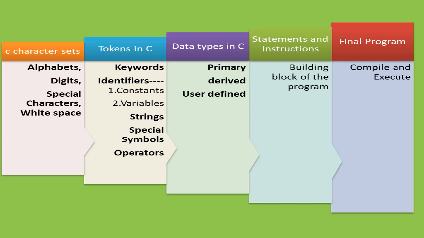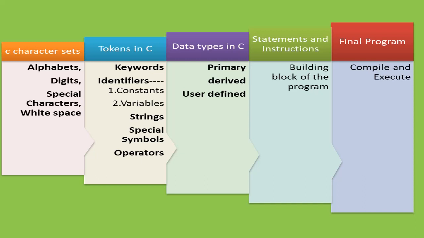Data type in C consists of primary data type, derived data type, user-defined data type. Primary data type consists of int, float, char, double. Derived data types are array, function, and pointer. User-defined data types are structure and union.